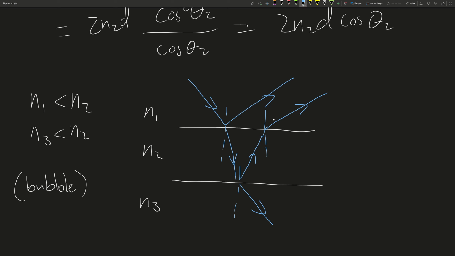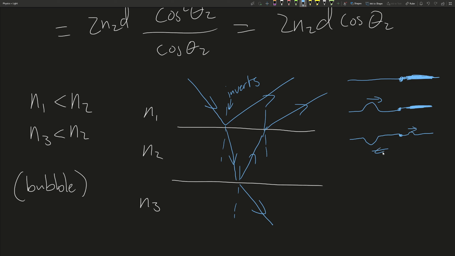So if we remember from the physical waves video, whenever you're going from something that's less dense to more dense, this light here actually inverts. So when you have a wave that goes to the more dense material, it'll get reflected inverted.